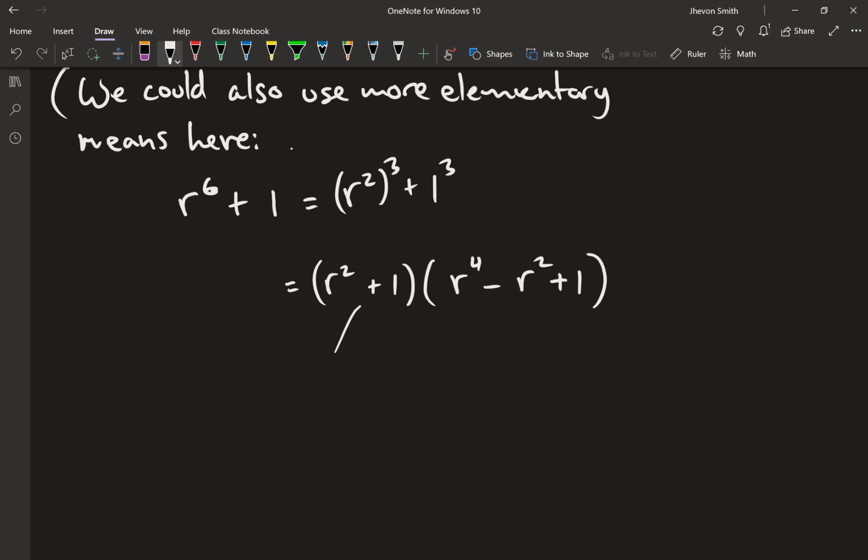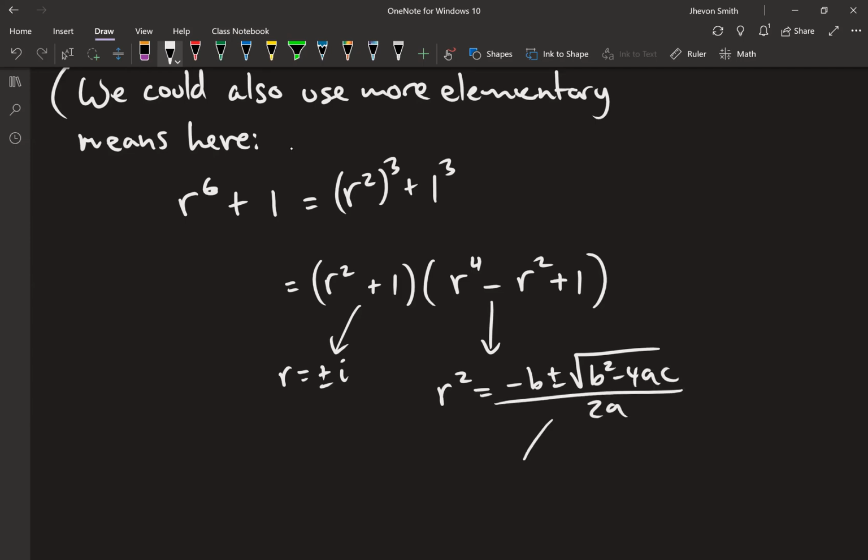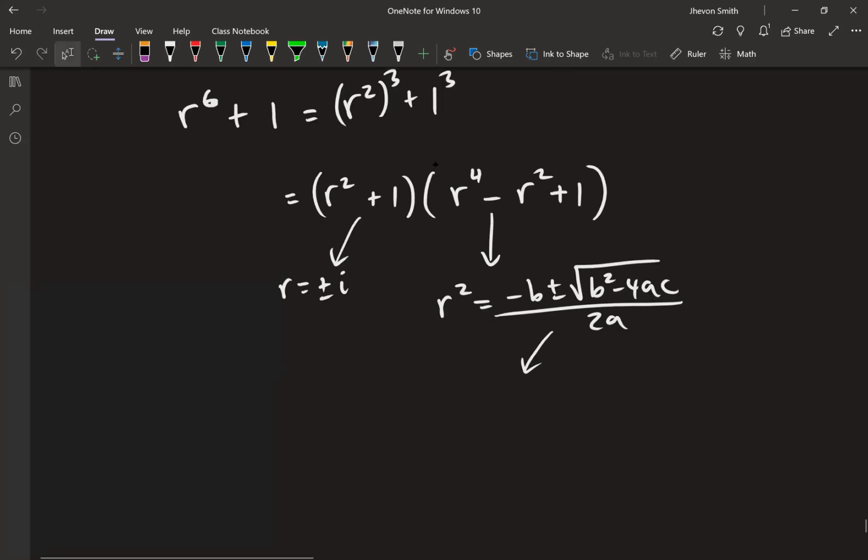This first factor gives you the plus or minus i. For the second, you can use the quadratic formula: r squared is equal to minus b plus or minus the square root of b squared minus 4ac, all over 2a. And you would have gotten the other 4. Right, so you could have done it that way.